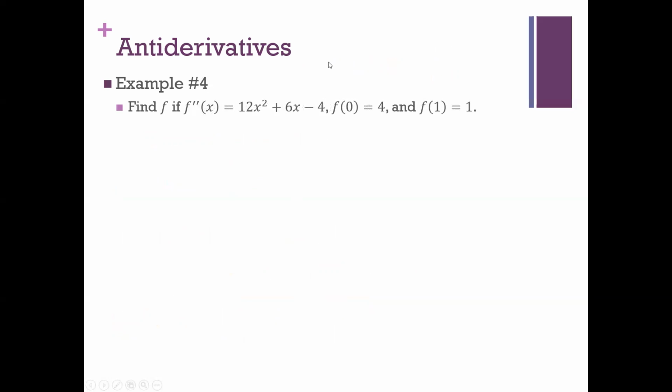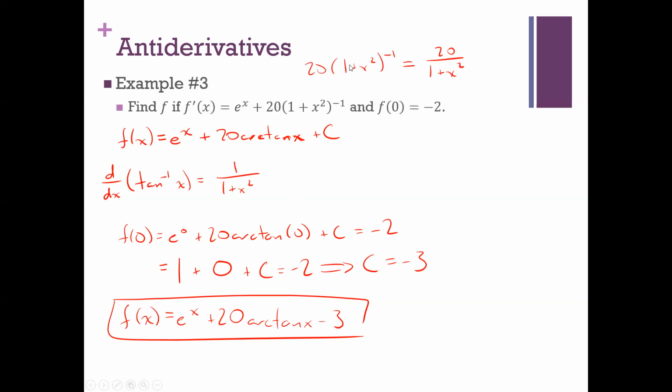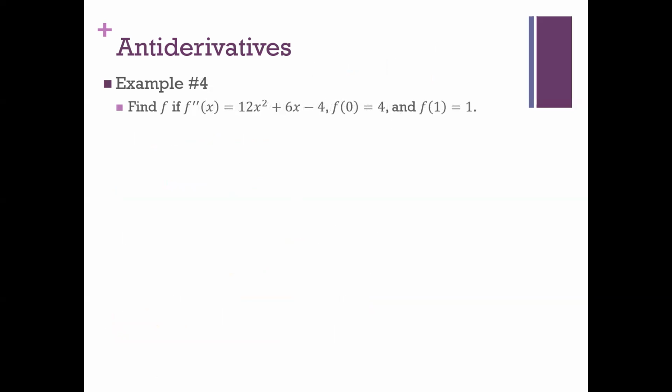All right, now I am giving you the second derivative. I want to find the function f, and I have the second derivative. So what's the first thing we need to do?